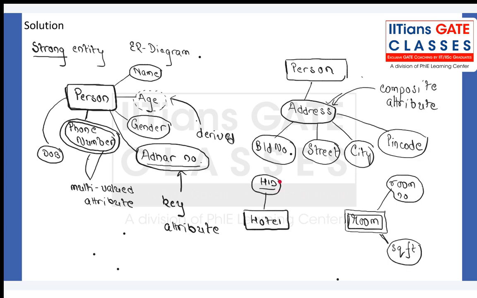This hotel might have a name, number of floors, number of rooms, all that I don't care. You can uniquely identify a hotel using the hotel ID. If I give you these two pieces of information, which is hotel ID and room number, now can you uniquely identify a room?